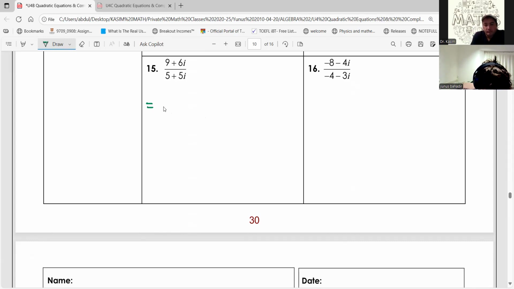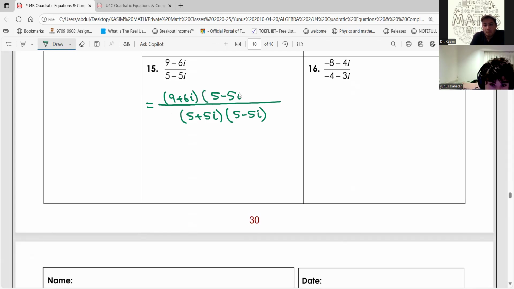So then 75 minus 15i, I think. Over what? 5 squared plus 5 squared.